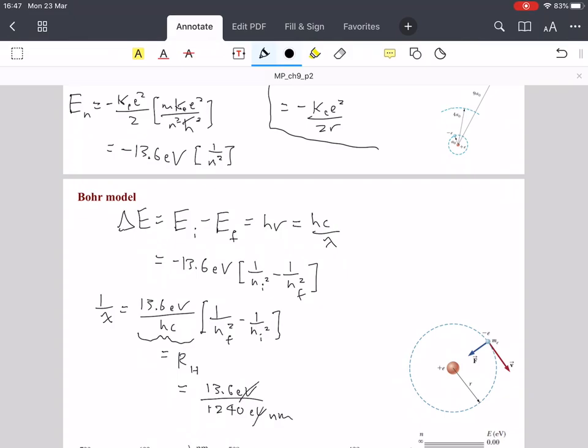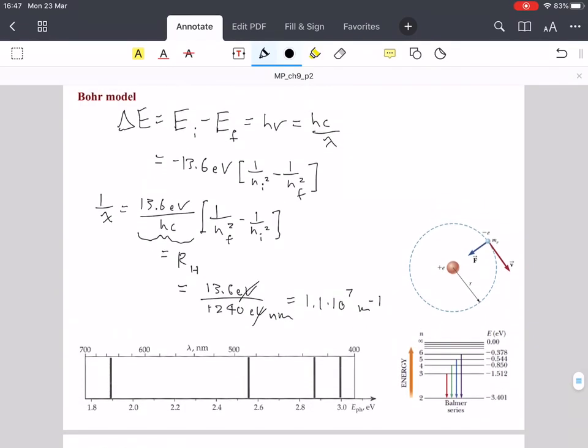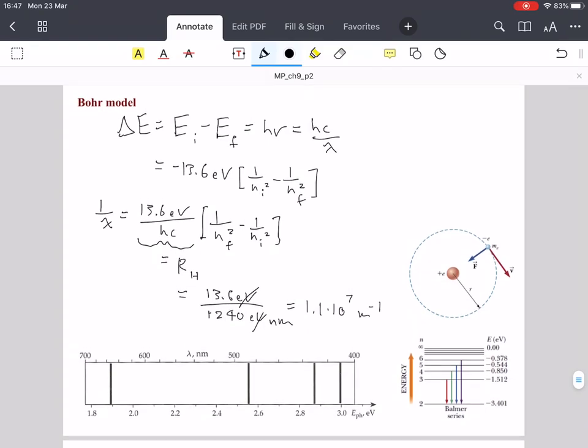The electron volts cancel, and if you now convert that into per meter, you do get the exact same value of 1.1 times 10 to the 7 per meter. So it does work out.